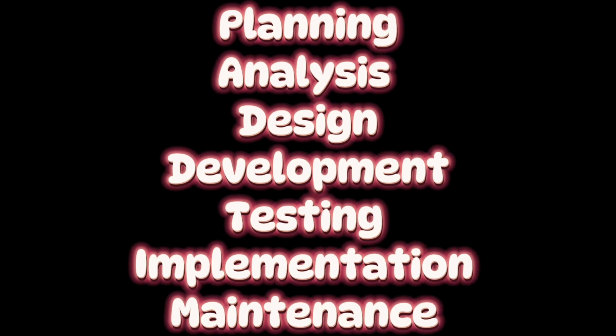Let me give you the simple breakdown of the key stages in system development. There are 7 key stages in a system development. These are planning, analysis, design, development, testing, implementation, and lastly, maintenance.